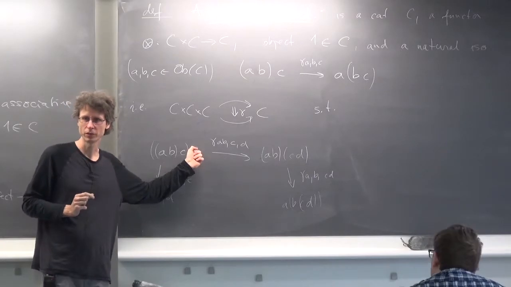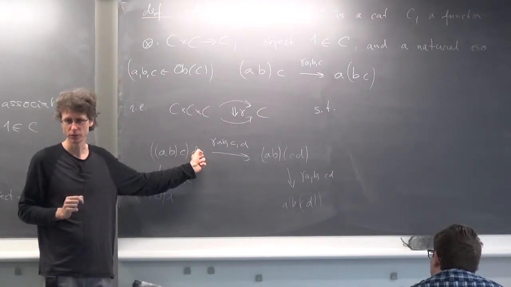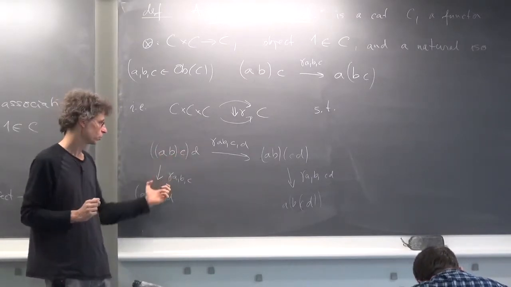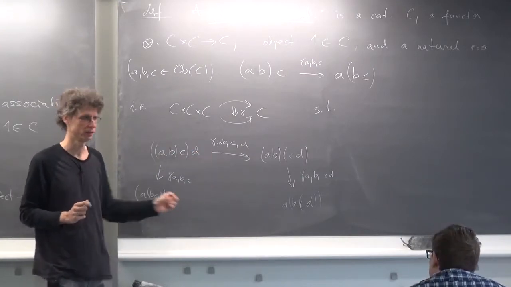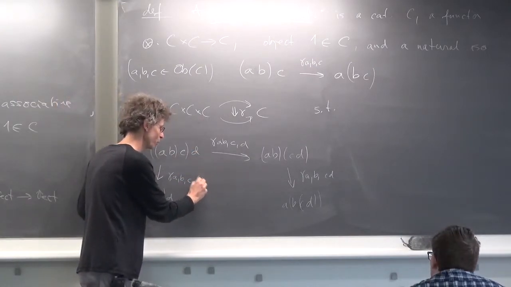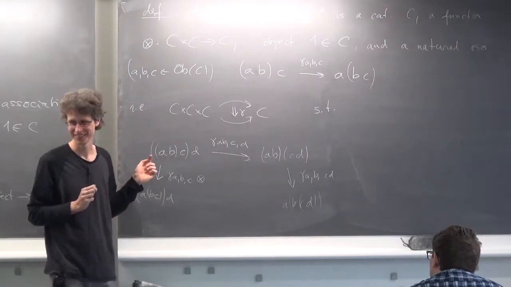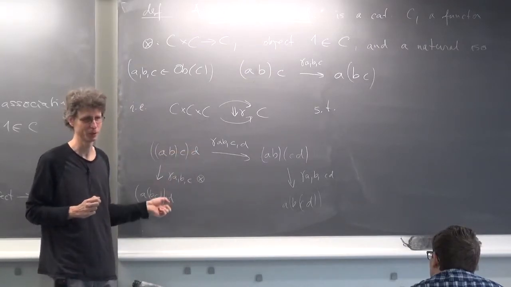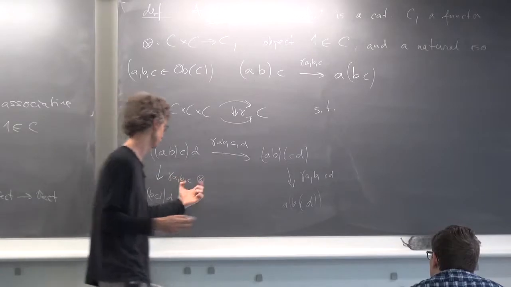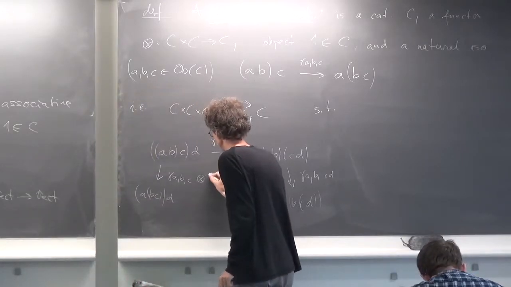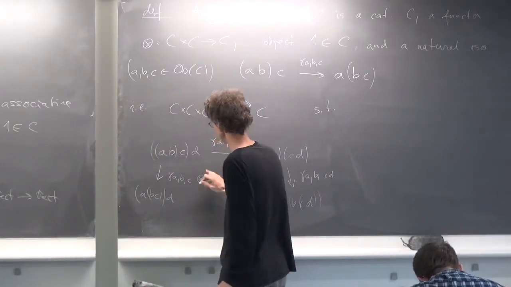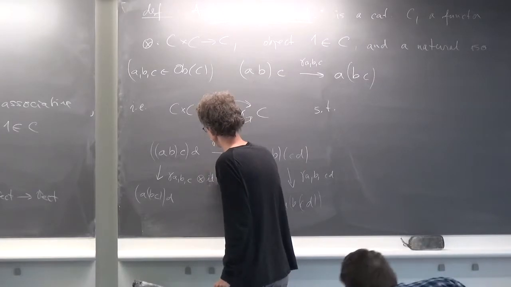So what is the politically correct way of writing it? I should take this morphism, but now tensor with identity there. So here I will write that tensor thingy, the one that I'm omitting elsewhere because it's just way too much. But here it would be confusing not to write it, so I'll just write it. Tensor 1, the identity on D.